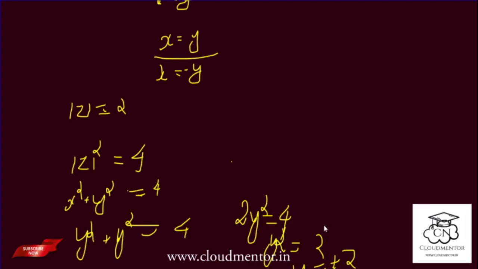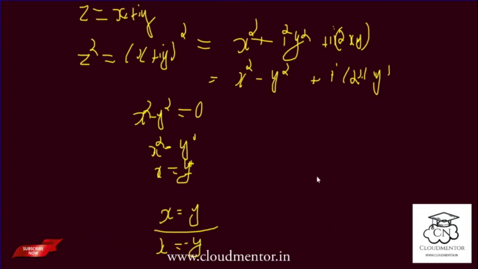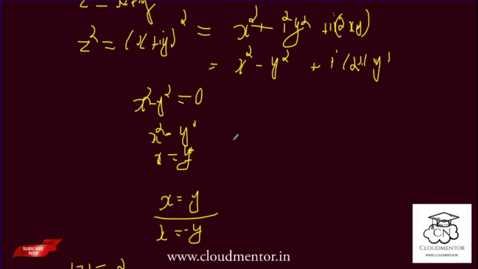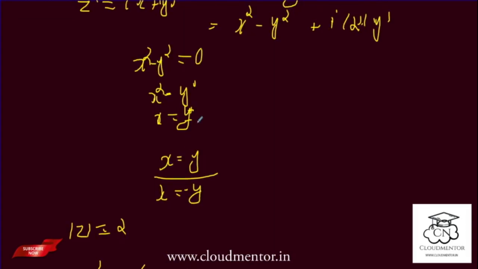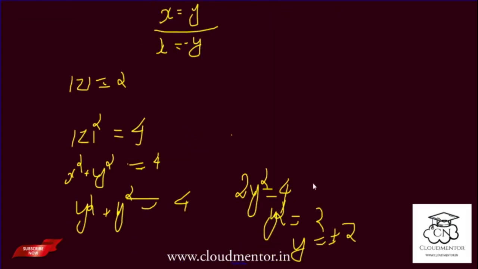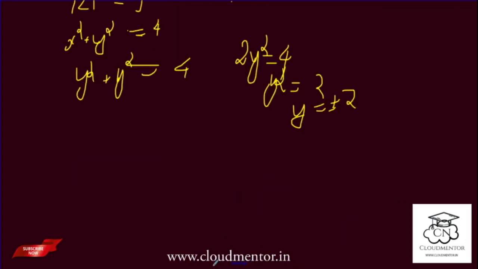So we got y now, and we need to find x also. So how can we find x? We know x is plus or minus y, so the same we can apply. Here it is root 2.